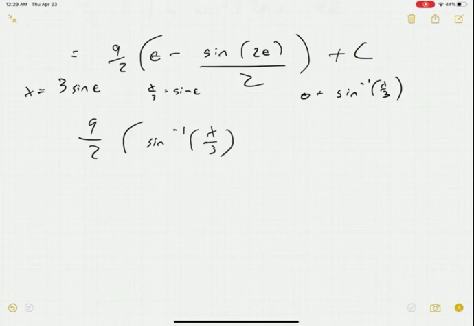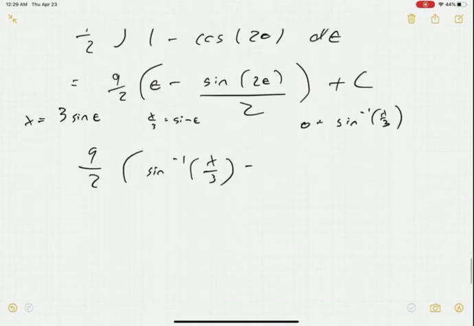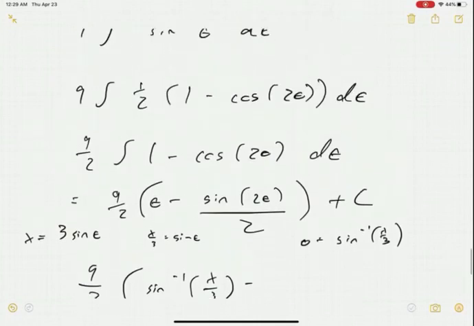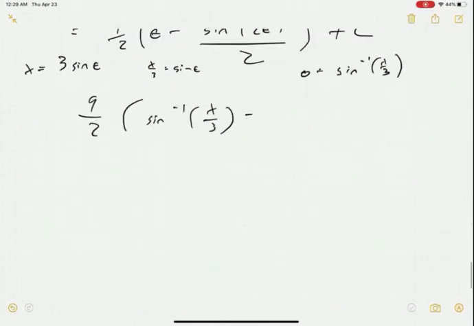How do I undo the minus sine 2 theta over 2? Well, we haven't drawn a triangle for this one yet. So my triangle looks like this, roughly.